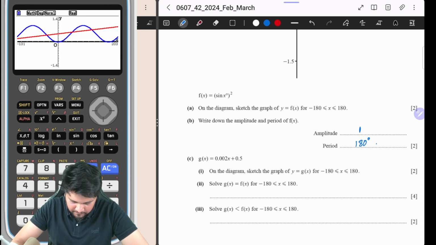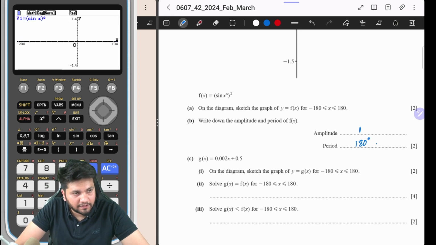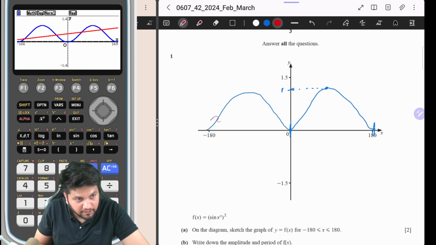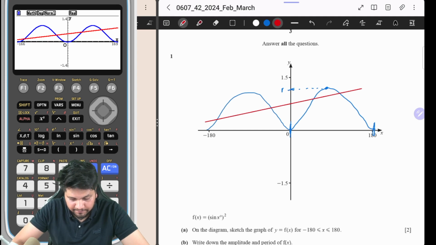Again, we'll have to make sure of the x-intercepts and y-intercepts. It's going beyond that, so maybe we can keep it like this. So this is what the line will look like.